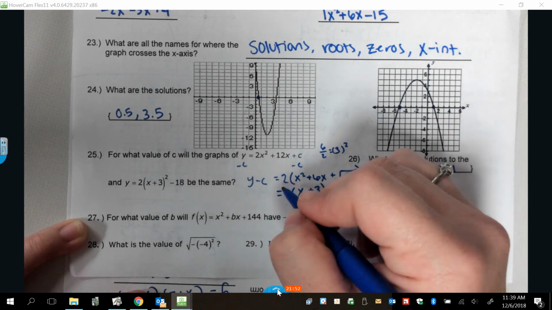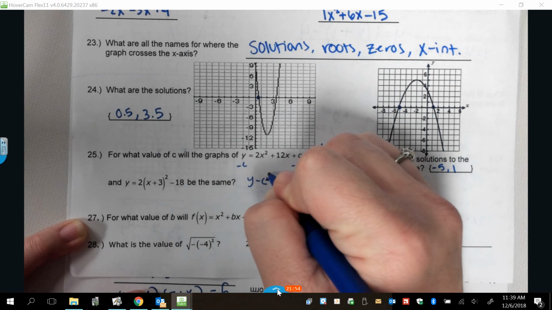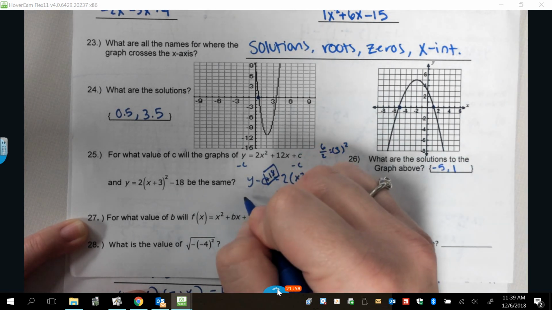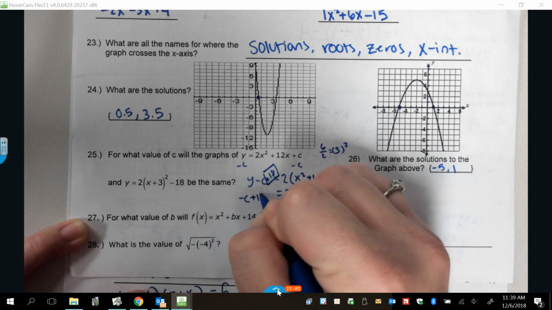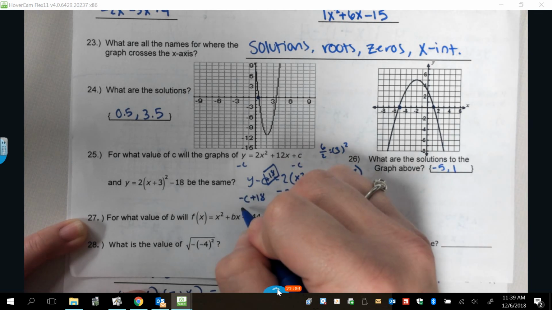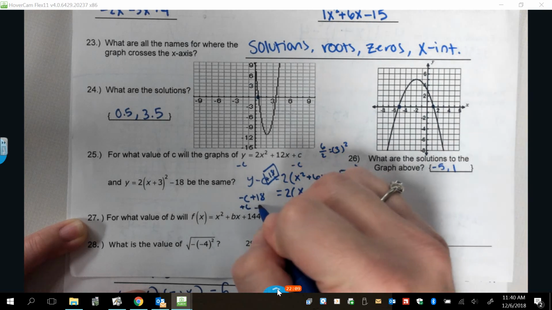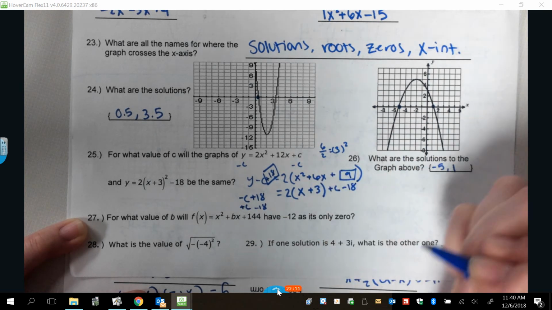So remember, 2 times 9 is 18, so I had to add 18 to this side as well. So I have negative C plus 18. So now I have to add C, subtract 18, subtract 18.